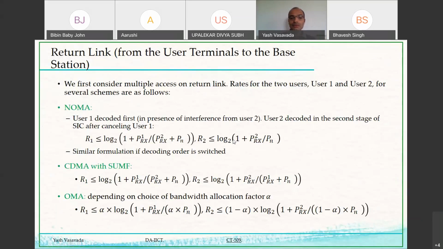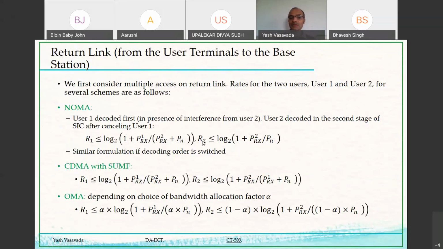Okay. So how about CDMA with SIC? That is NOMA here. So this is CDMA with SIC, but it doesn't even have to be CDMA. All that we are assuming is that the user 1 transmitter, whether it is CDMA, OFDM, or TDMA, sends the signal at this rate.